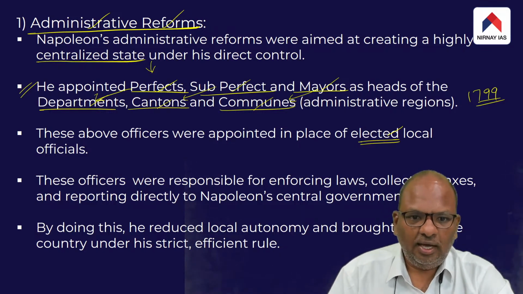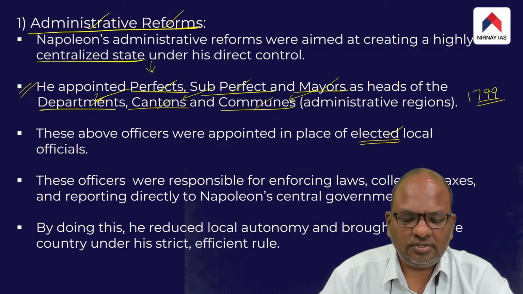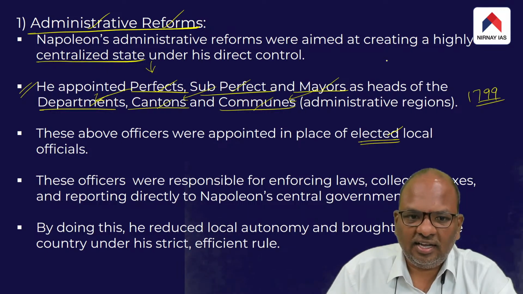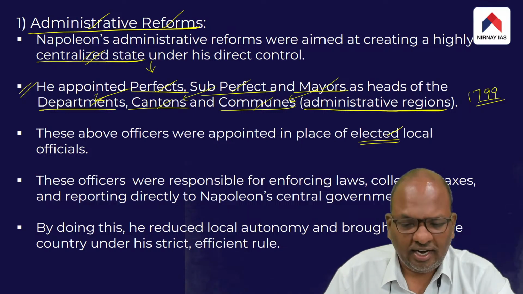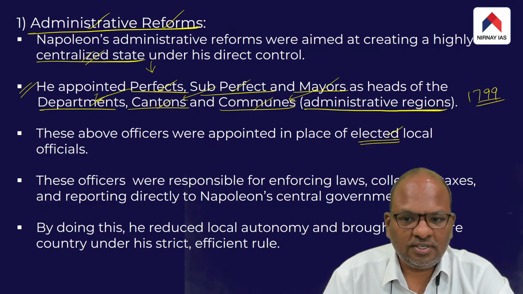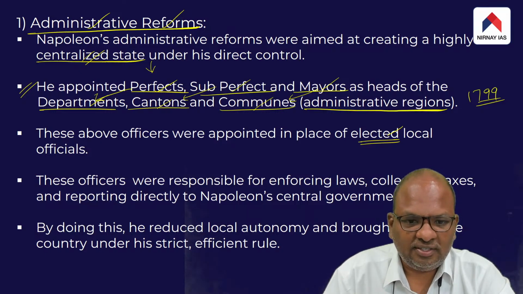So Napoleon's administrative reforms were aimed at creating a highly centralized administrative system. Earlier the heads of the various administrative regions were elected by the people, but he abolished the system of election, and the officers of those regions began to be directly appointed by Napoleon himself.